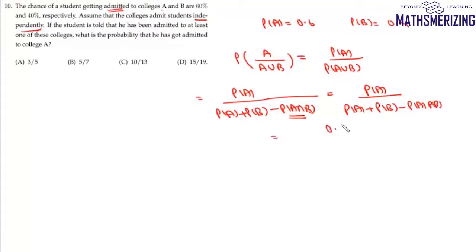It is 0.6 and here it will be 0.6 plus 0.4 minus 0.6 into 0.4, it will be minus 0.24. So it will be 0.6 upon 1 minus 0.24, so it will be 0.6 upon 0.76. So it is nothing but 15 by 19 and that's your option number D.